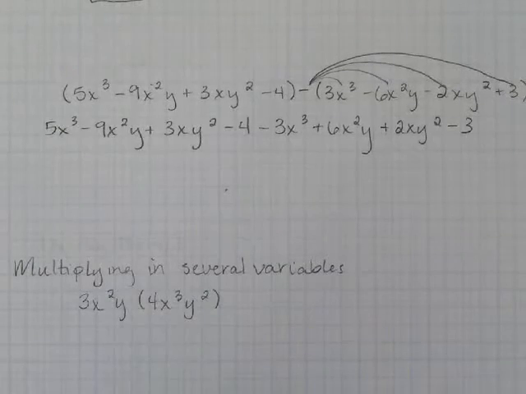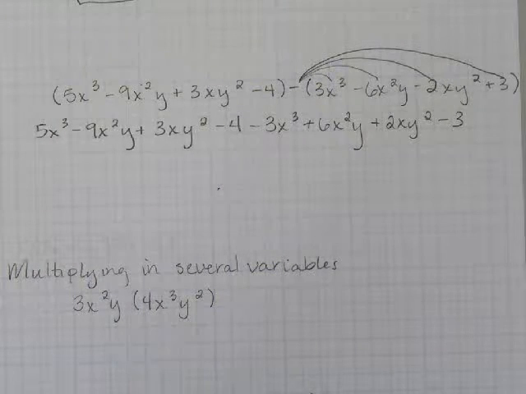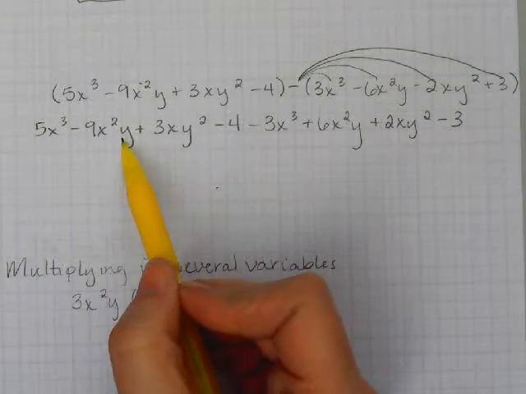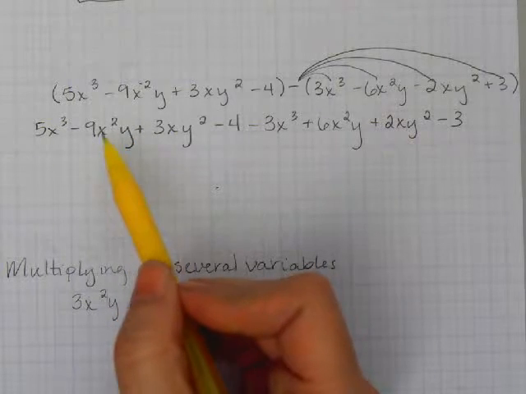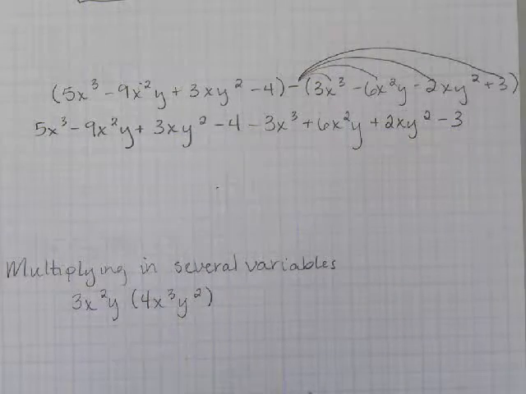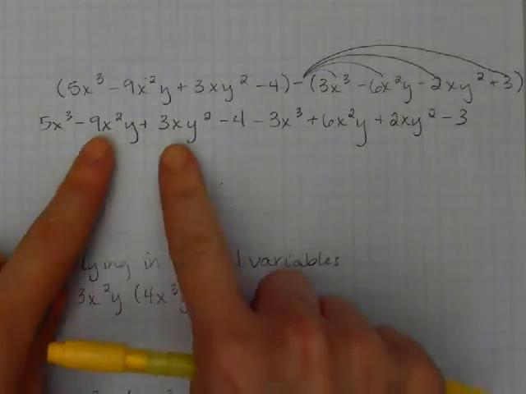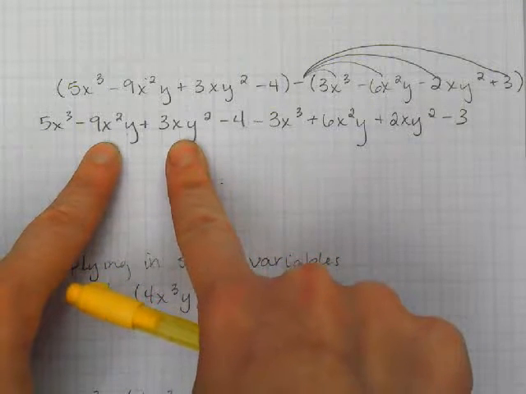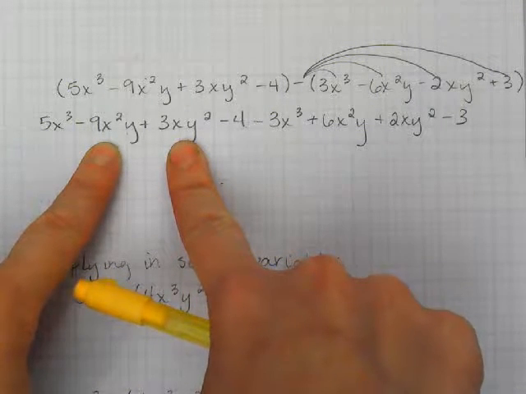So let's start from the front. Is there anything that I can combine with 5x to the third? Negative 3x to the third. So what is 5x to the third plus negative 3x to the third? 2x to the third. And I'm going to cross those off because I just used them.